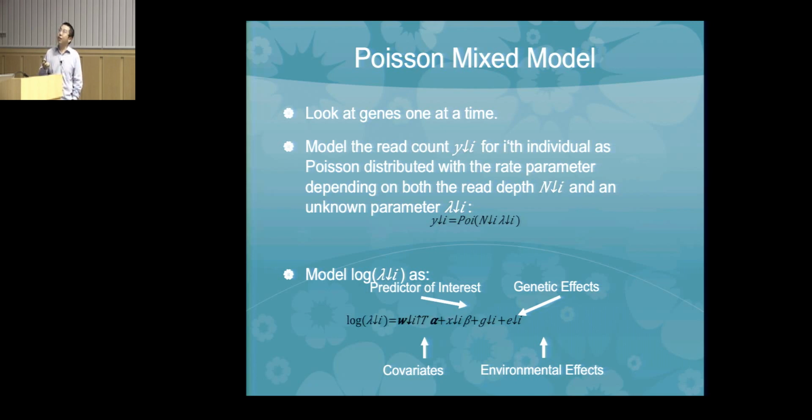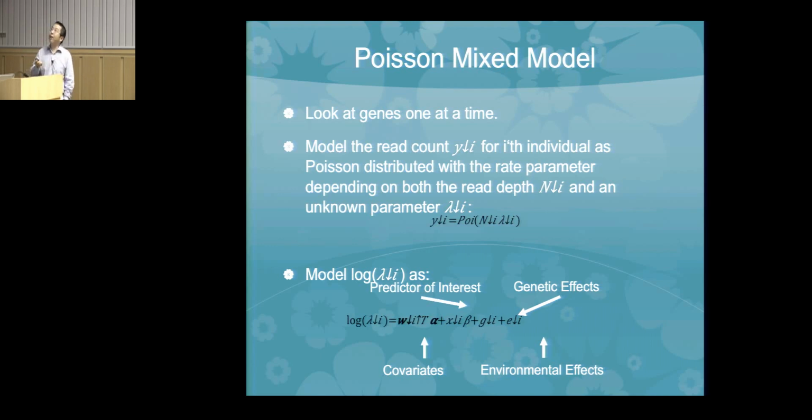Alternatively, if you're interested in detecting age-associated or gender-associated gene expression levels, then X could be age, or X could be a gender level, 0 or 1. So X is our predictor of interest and beta is the coefficient of interest. Our goal is to estimate the beta effect size and test whether it is equal to 0 or not in order to identify differentially expressed genes.